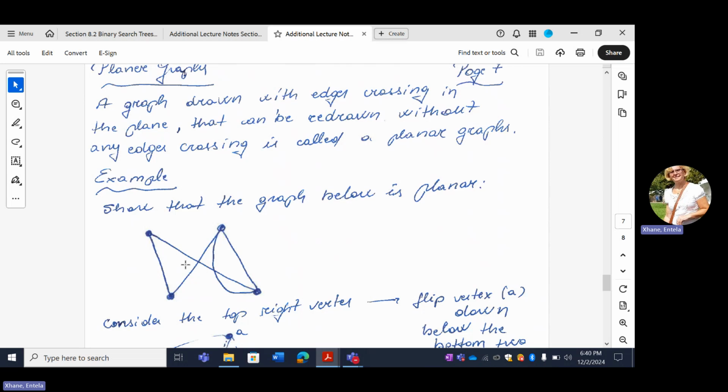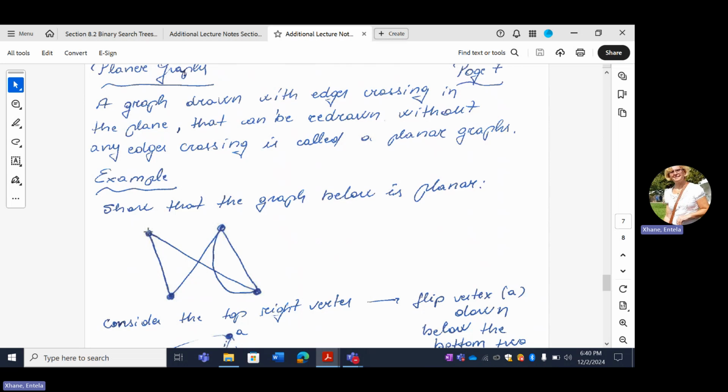If we successfully eliminate the crossing without eliminating any of the vertices, then the graph no longer has the crossing of the edges and becomes a planar graph. This is not always possible, but if it is possible, then the graph becomes a planar graph.